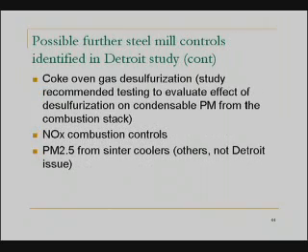The study identified coke oven gas desulfurization as a way to readily reduce SO2 emissions and also recommended further testing with regard to the condensables at the coke oven combustion stack. Other possible measures for steel mills identified as a result of this effort were NOx combustion controls and PM controls from cinder coolers.